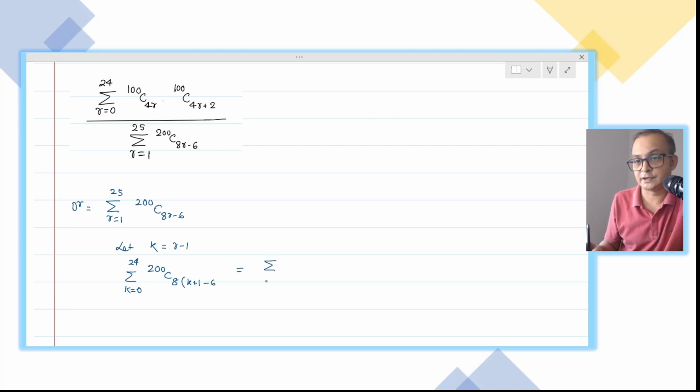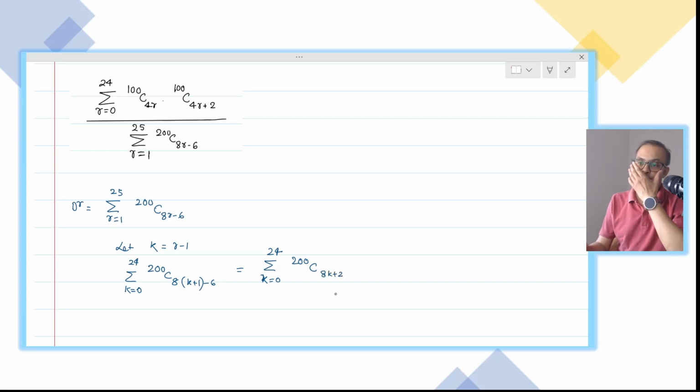So this summation will turn into K is equal to 0 to 24, and I have 200C 8K plus 2. Alright. Now if this is K goes from 0 to 24 and so on, it doesn't matter actually. We can also use R. There's no problem. So we can write here R goes from 0 to 24 and I can write here 200C 8R plus 2.